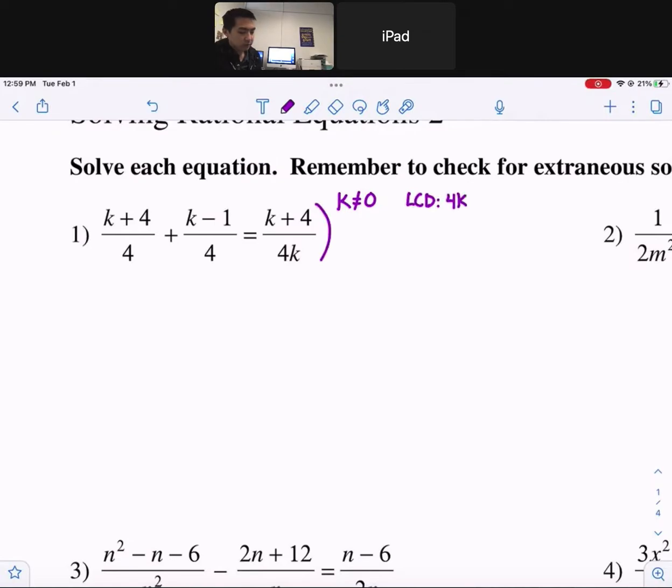So what we're going to do is multiply this whole entire thing by 4k. This times this, cancel off the 4, so you will just be left with k times k plus 4. 4k times this, the 4's will cancel, so you're just left with k times k minus 1.